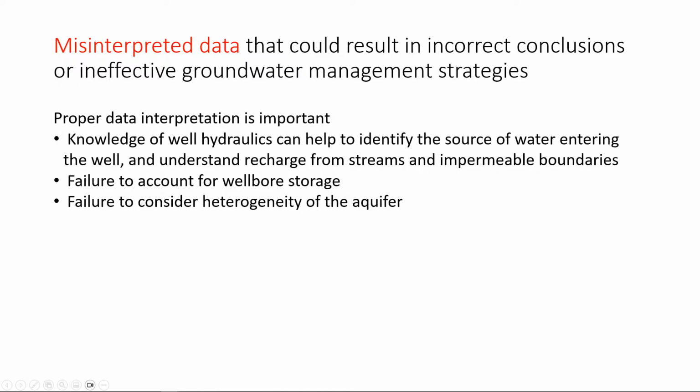Now, another thing is failure to consider the heterogeneity of the aquifer. The aquifer is heterogeneous, as we have seen several times. If this heterogeneity is not taken into account, that could lead to an inaccurate estimate of the hydraulic conductivity.